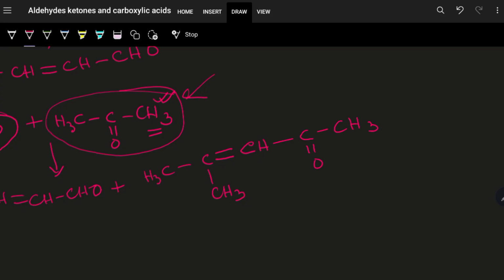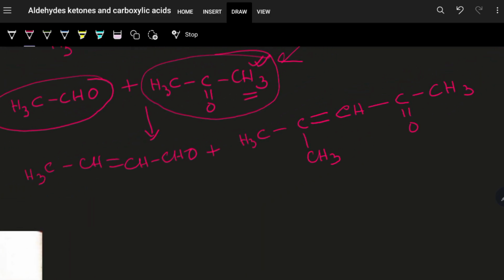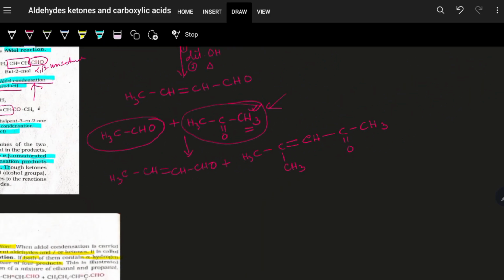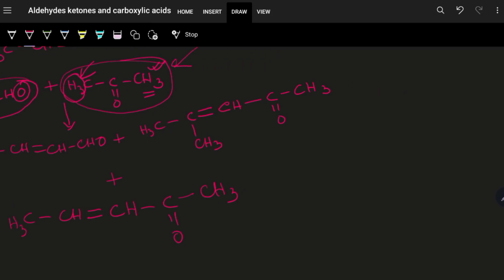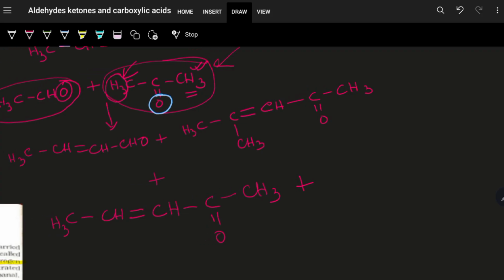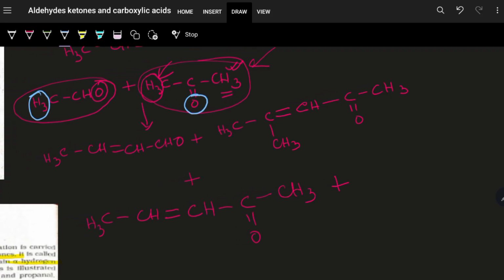The next pair can be by removal of, say, oxygen from this and alpha hydrogen from this. So I will write CH3CH double bond, oxygen is removed and remove 2H from here. You will get CH, C double bonded O, CH3. This is one product. Another product is the opposite: remove oxygen from here and remove 2 alpha hydrogens from here.